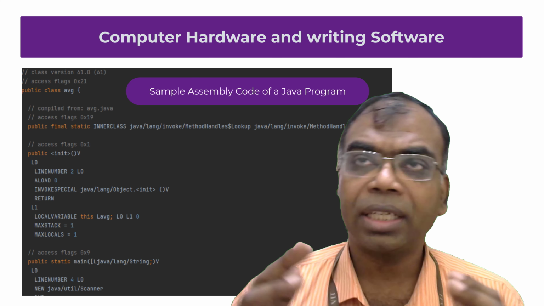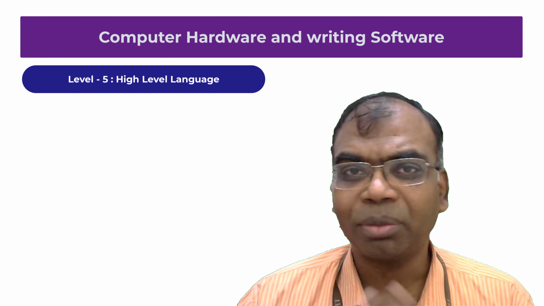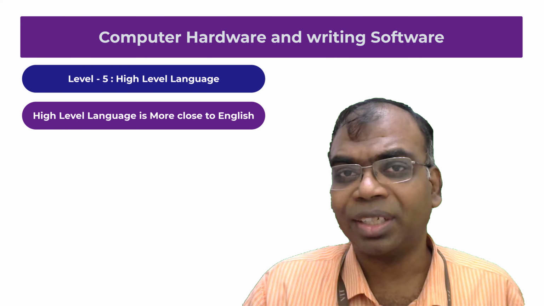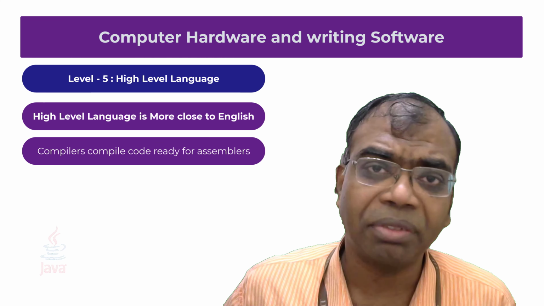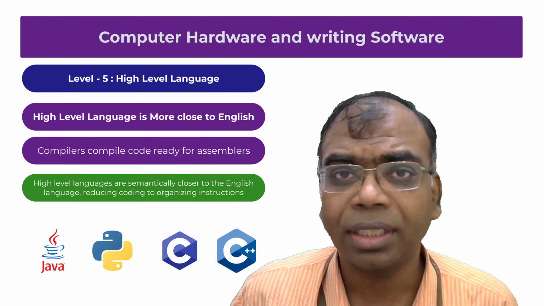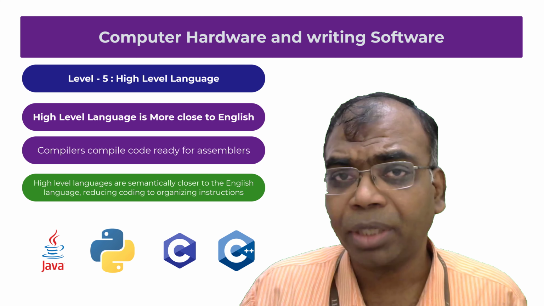So if you look at the assembly language, even that is a little difficult for us to remember. So when we want to use a more human level of language, we use a high level language. In this case, we are going with Java. We can go with Python, we can go with C, C++, and so many other languages. So Java is the language which we are speaking about now.